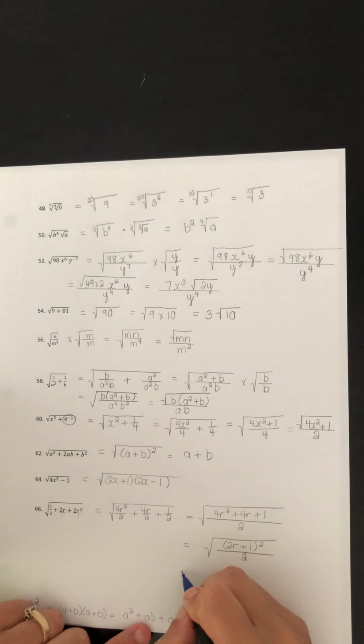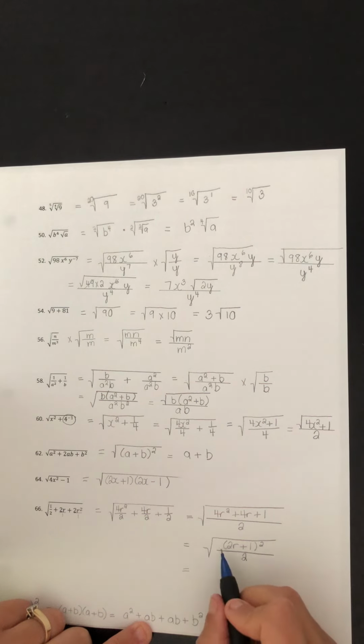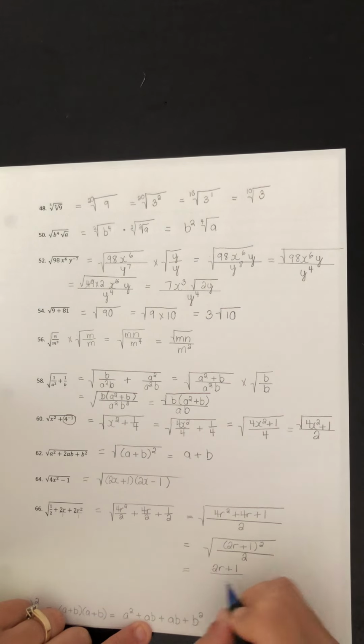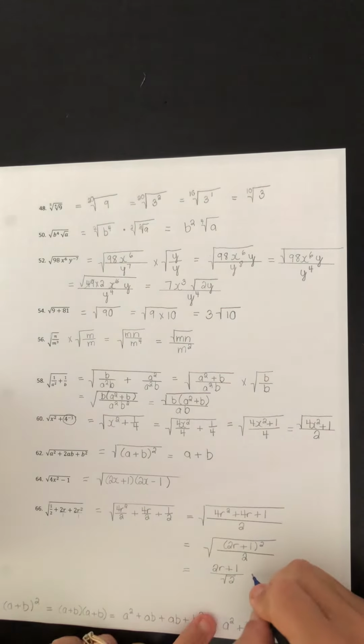And what does this allow us to do? Well, in the top then, we have the square root of 2r plus 1 all squared. So that's just 2r plus 1. But in the bottom right now, we would still have the square root of 2, like this. So we have to finish by rationalizing the denominator.